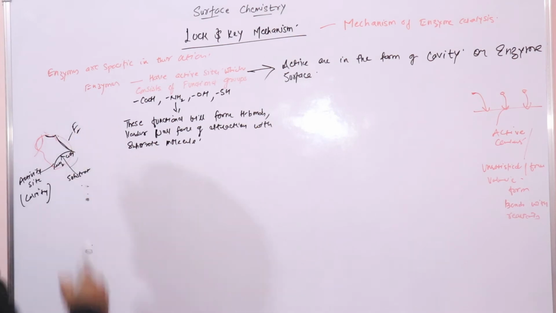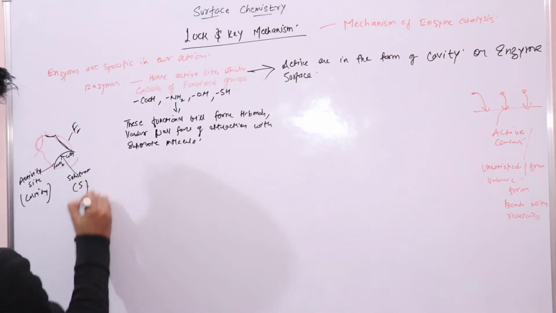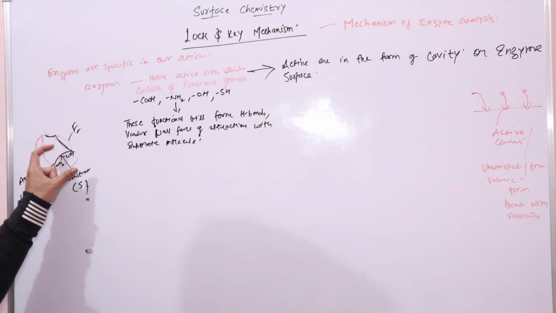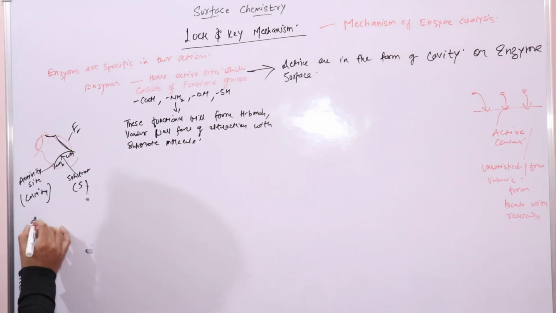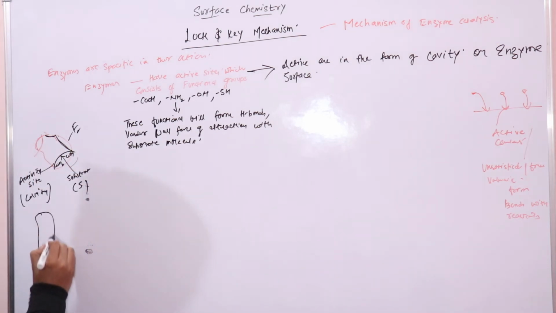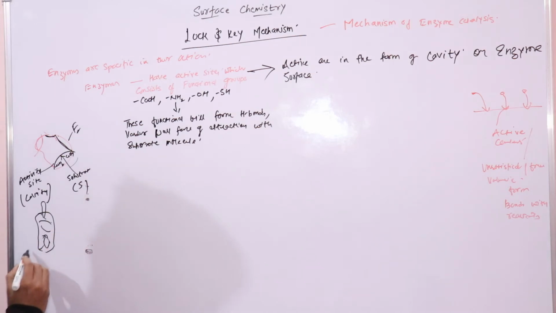This is an enzyme. The substrate S will fit into this cavity, just like a key will fit into a lock, if this is a lock and this is a key.